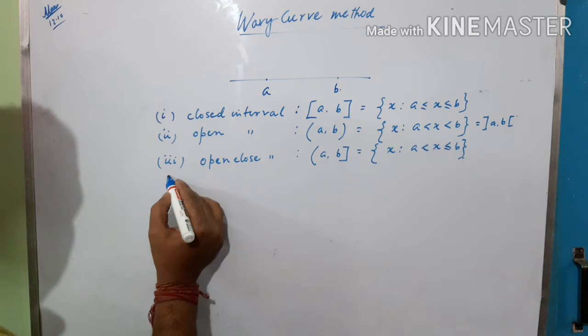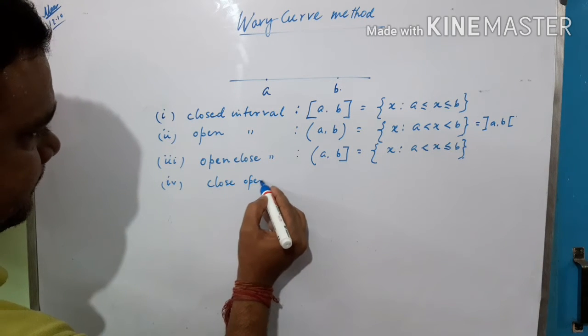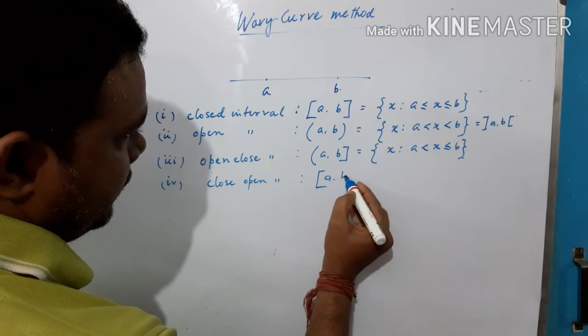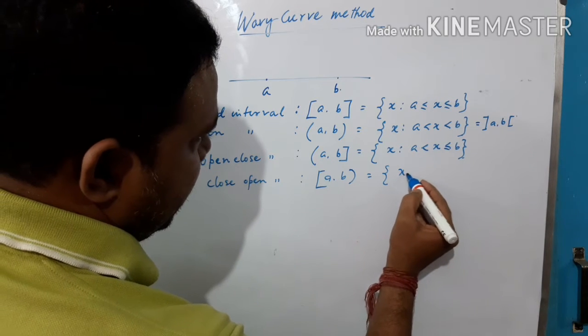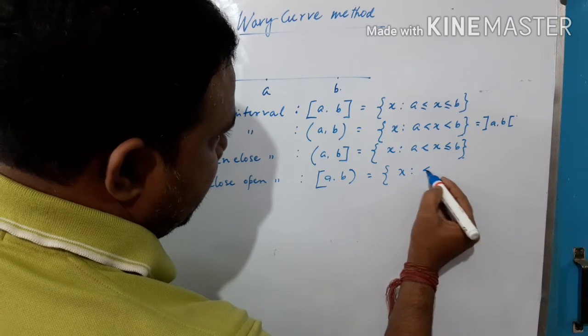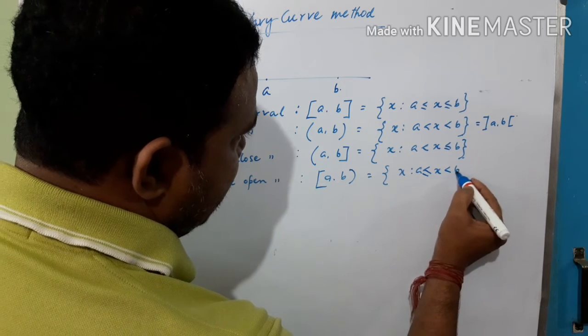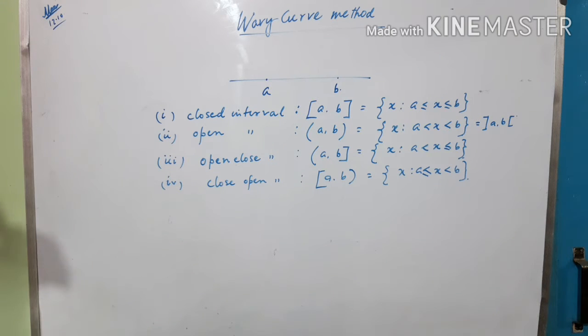And number 4, close open interval, it's like this, [A, B), and this one is x such that A is less or equals to x less than B. So in the first, in case of closed interval, both the points A and B are included.